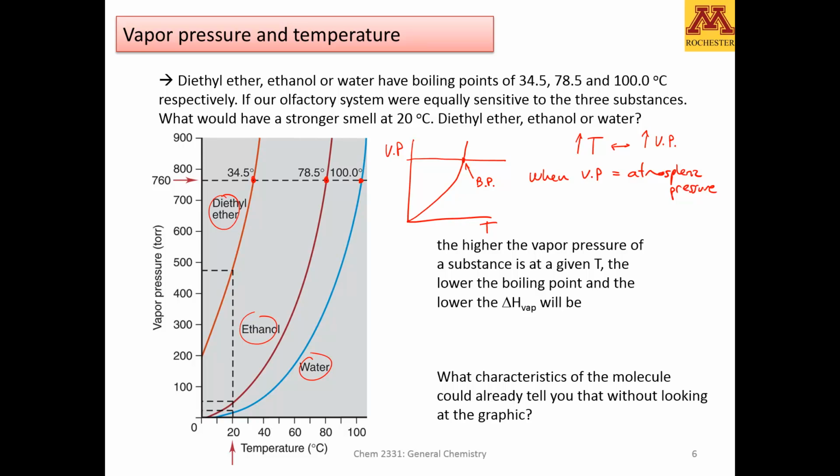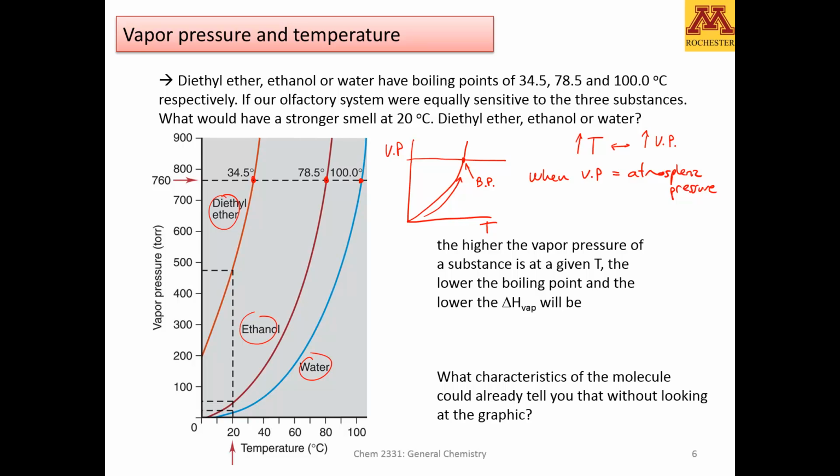In other words, the vapor pressure will increase as the temperature increases until the vapor pressure is equal to the atmospheric pressure. In this case, at sea level, it would be 1 atmosphere. In that case, that's when you have reached the boiling point. So now we should be able to read these graphs.